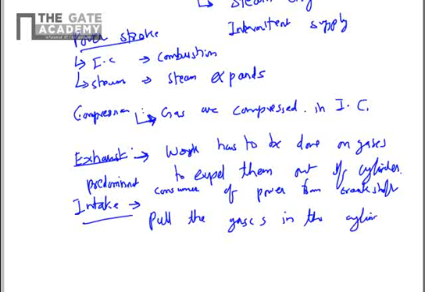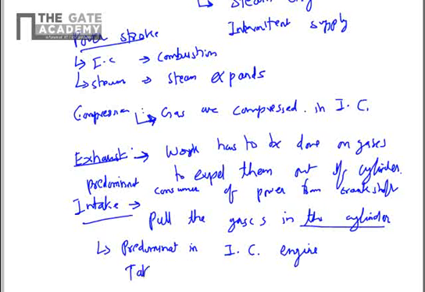So that also requires work. The pressure in the cylinder will fall, so there will be negative pressure on the piston, and the piston will be pulled upward. This is predominant in IC engines, where you have to pull the air into the cylinder, and for that you have to take power from the crankshaft.